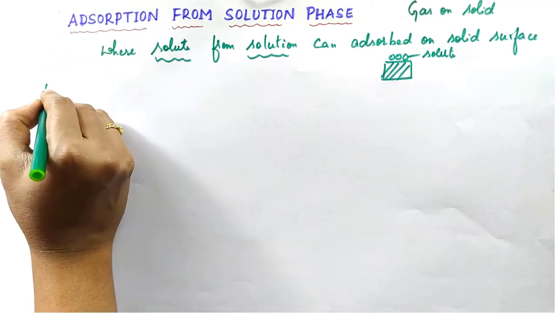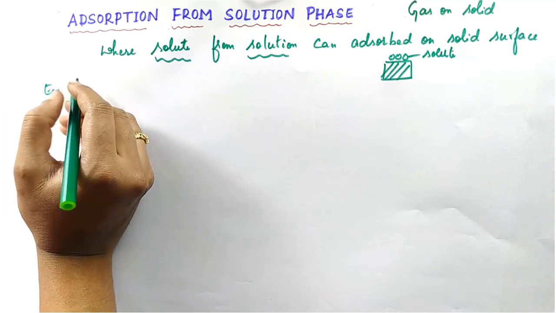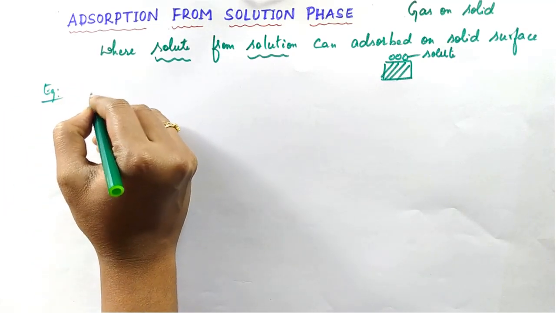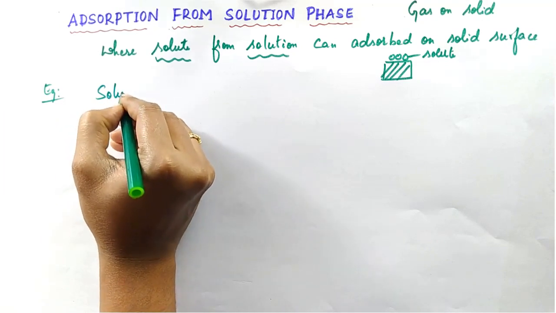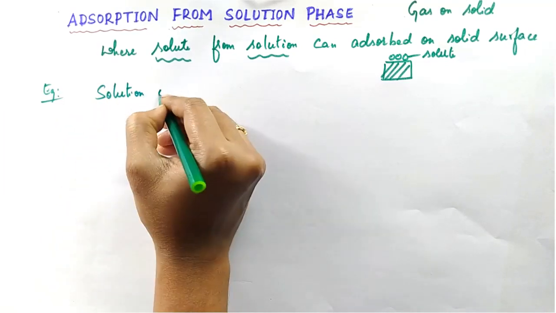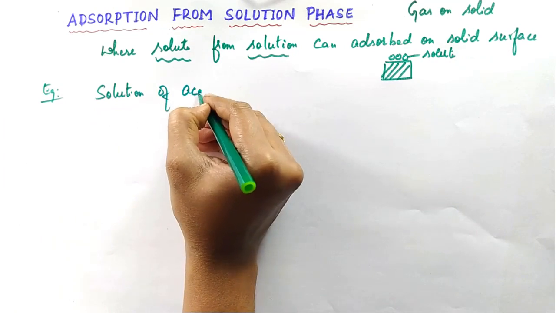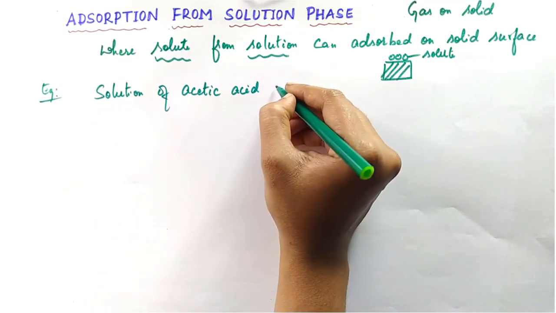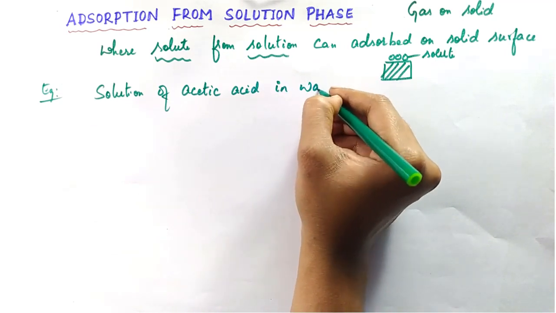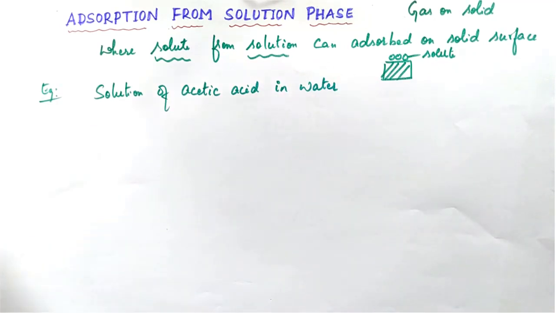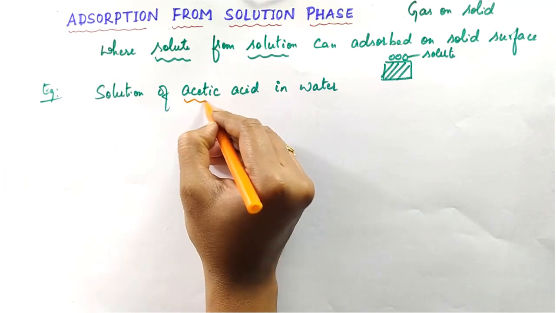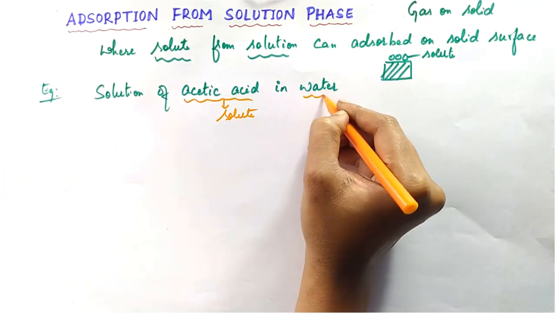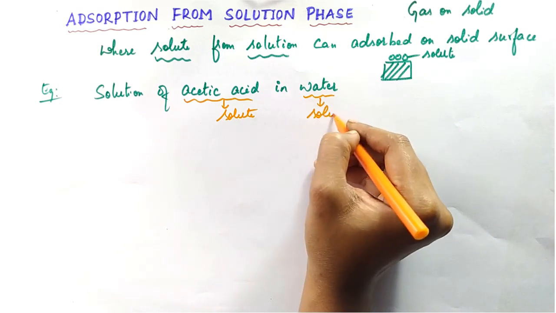Let us take an example. The first example is a solution of acetic acid in water. Here, acetic acid is the solute and water is the solvent.